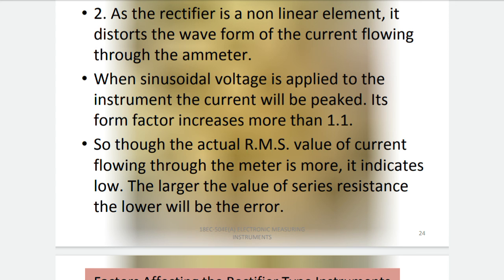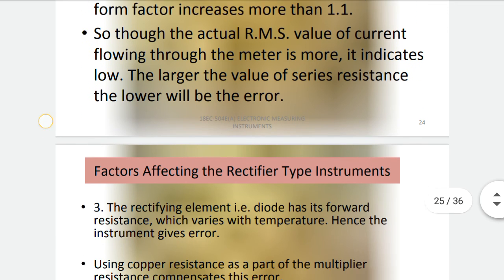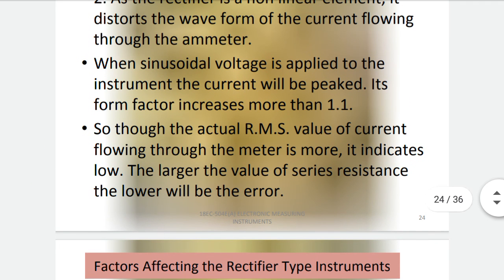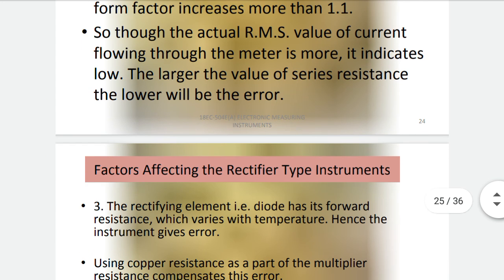The larger the value of series resistance, the lower the error will be. So we have to choose a large series resistance, and only then will the error be low.